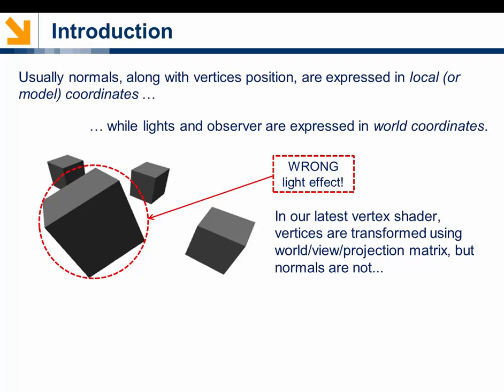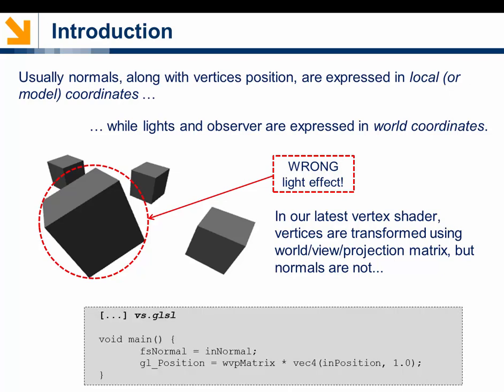Thus the graphical representation is correct, because we put it in the right world, but normals don't follow this transformation. You see, normals are just interpolated. The exact same normal that I receive in input is sent to the next step of the shader, while instead positions are transformed using the world view projection matrix.